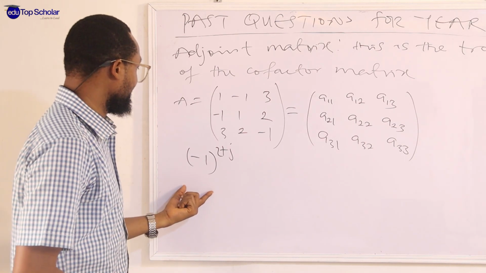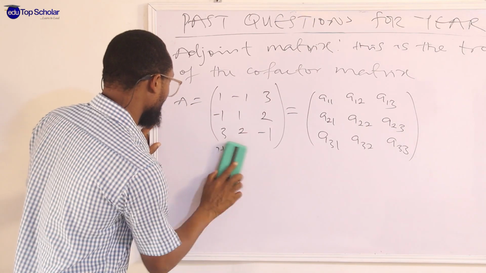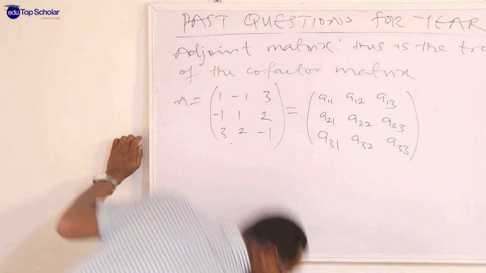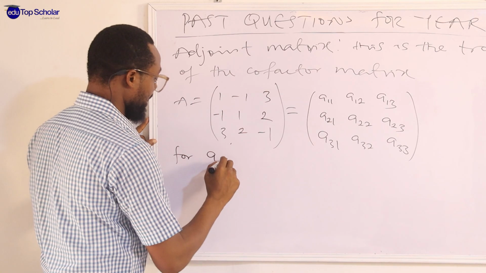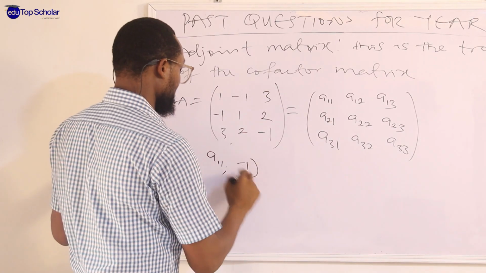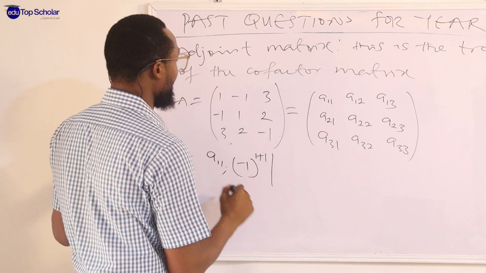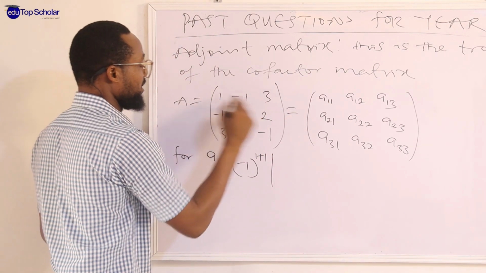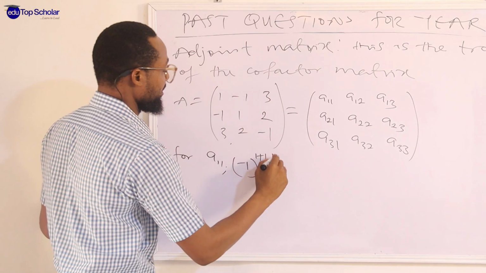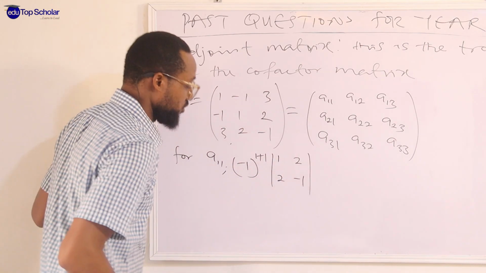Now, let's take it one by one. For A11, we want to compute the matrix element. This will be minus 1 raised to power 1 plus 1 multiplied by the determinant of what is left when we delete this row and column, which is the 2 by 2 matrix 1 2, 2 minus 1.